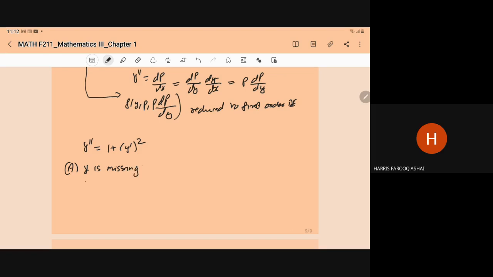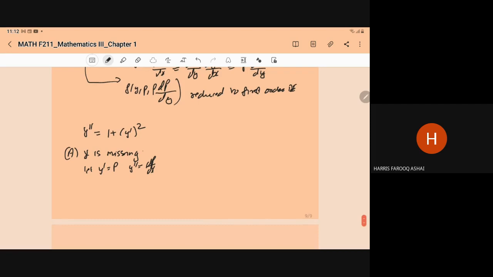So when y is missing, let y dash is equal to p. So y double dash is equal to dp by dx. So it will become dp by dx is equal to 1 plus p square.